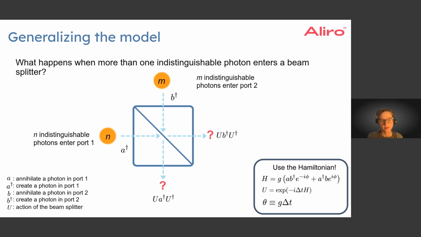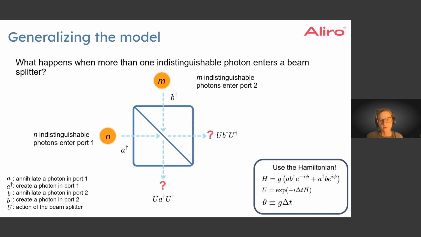So this would mean that our end goal now is to find out how the unitary operator U, which represents the action of the beam splitter, will interact with and affect the operators A dagger and B dagger, for instance. So we want to be able to solve for U B dagger U dagger and U A dagger U dagger.